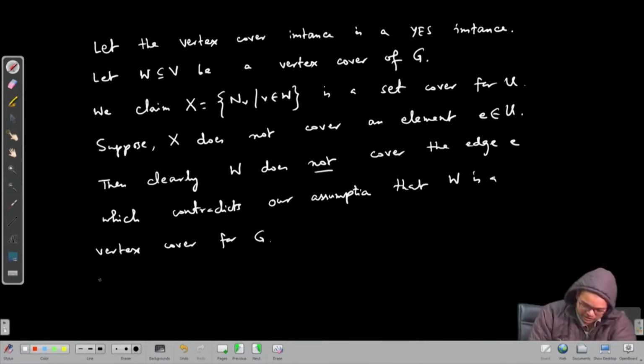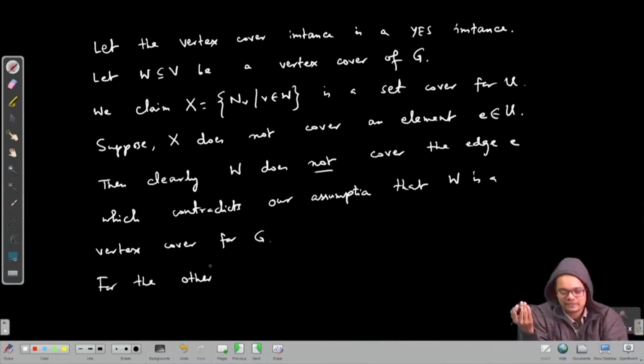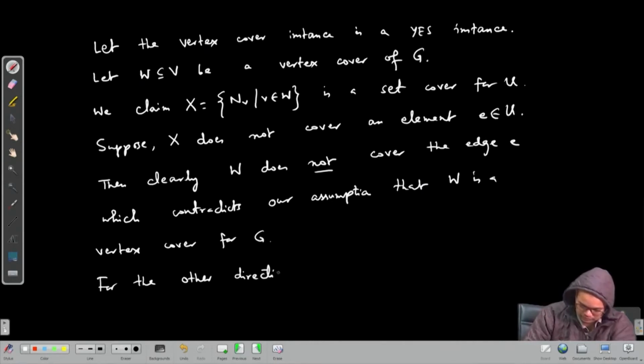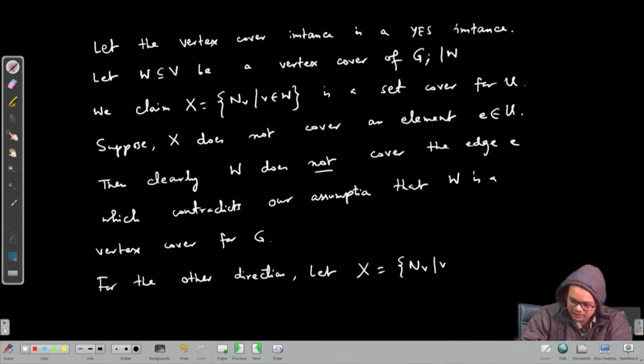Okay, for the other direction, it's exactly similar, but it is important to do it. For equivalence, it's an if and only if statement. One instance is true if and only if the other instance is true. For the other direction, let X be the collection of N(v). Here also we have cardinality of W is less than or equal to K. Then we have cardinality of X is also less than or equal to K. That's what a yes instance of vertex cover means.